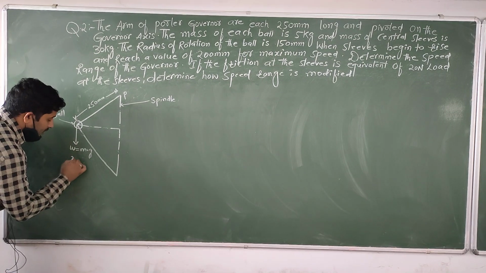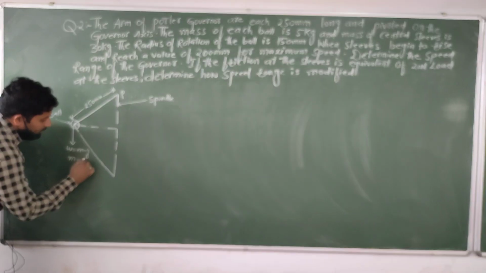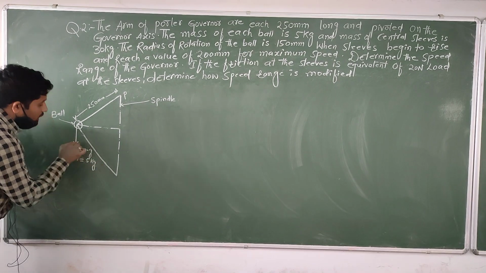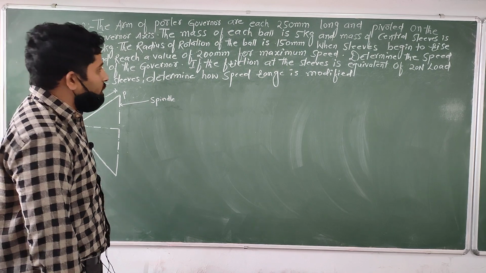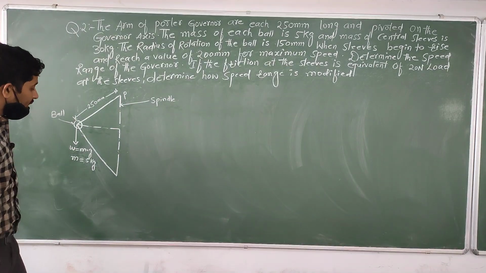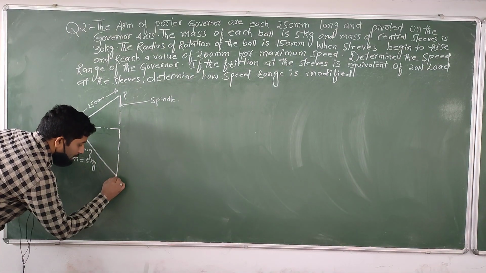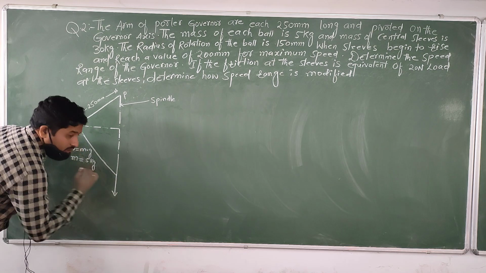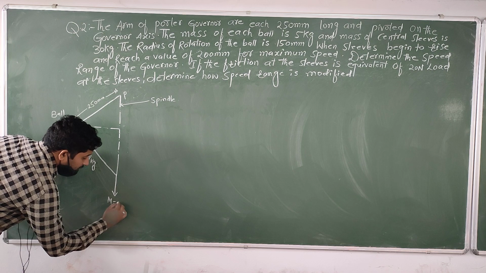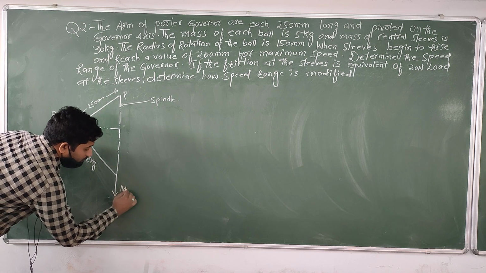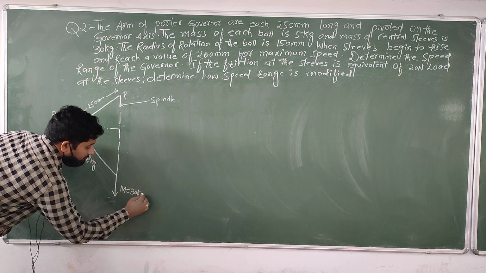So mass is given as small m equal to 5 kg for a ball, and the mass of this central sleeve is 30 kg. The mass of the central sleeve, M equal to 30 kg.